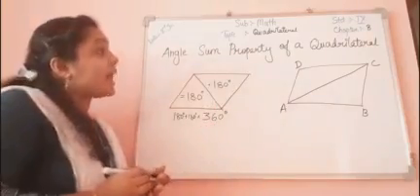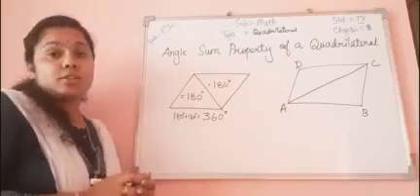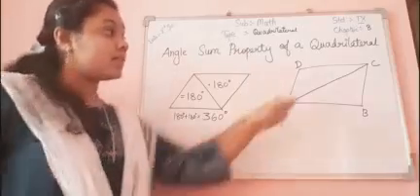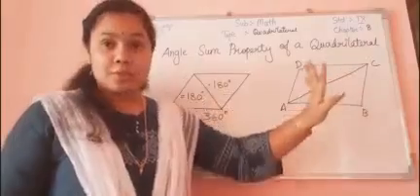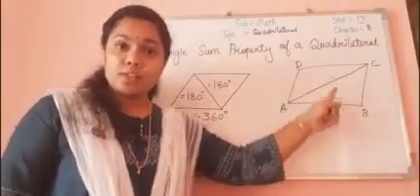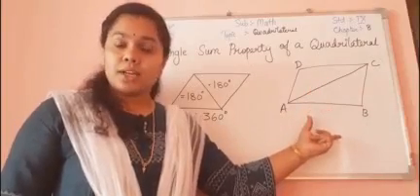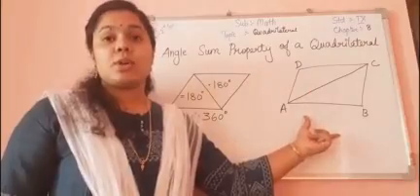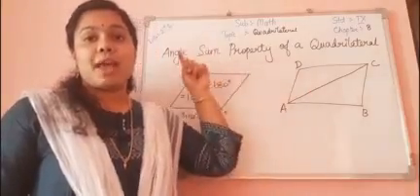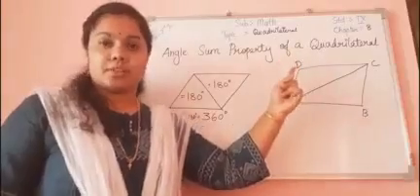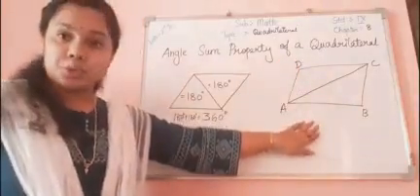Likewise, for the angle sum property of a quadrilateral, the sum of these two triangles should be 360 degrees. So overall the quadrilateral's angle measurement should be 360 degrees. How are we going to solve it? This is what we have to prove about the angle sum property of a quadrilateral. Here we are taking two triangles.